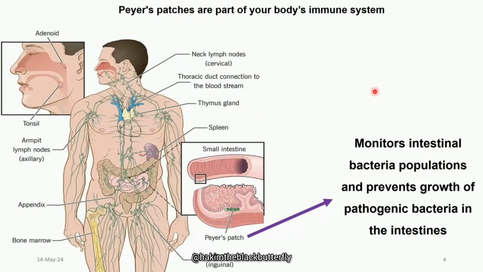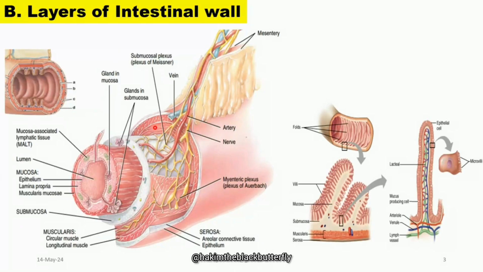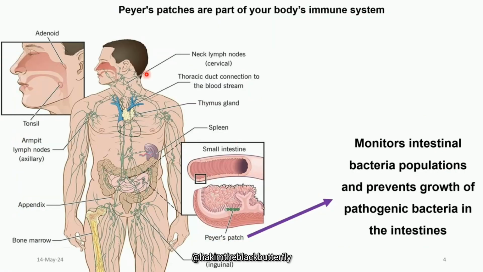Normally, within the wall of the small intestines, we said in the mucosa, we have the lymphatic tissue. This lymphatic tissue is present in many other parts of the gut, but it's more abundant in the small intestines because they are more predisposed to infections. We shall see why. So they have to be abundant, and these lymphoid tissues in the small intestines have a special name. They can also be called the Peyer's patches.